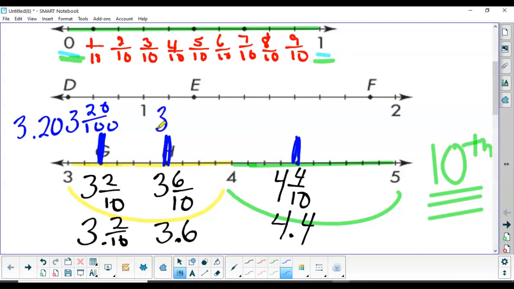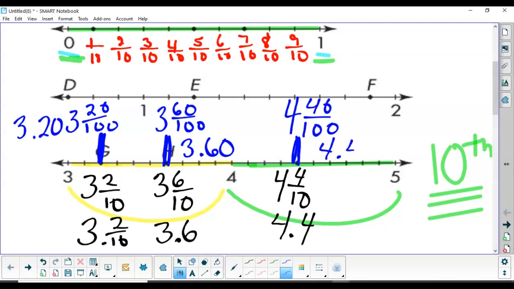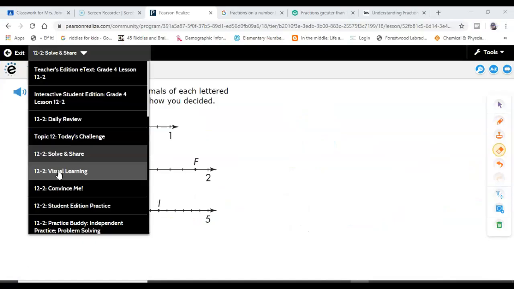Yeah, 3 and 60 hundredths. What about 4 and 4/10? What would you put? Yeah, 4 and 40 hundredths. All right, good job.